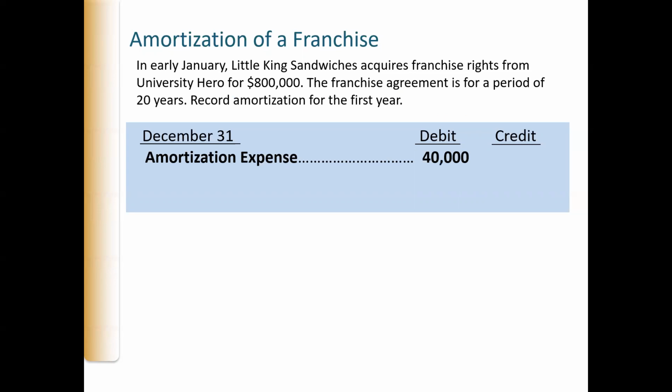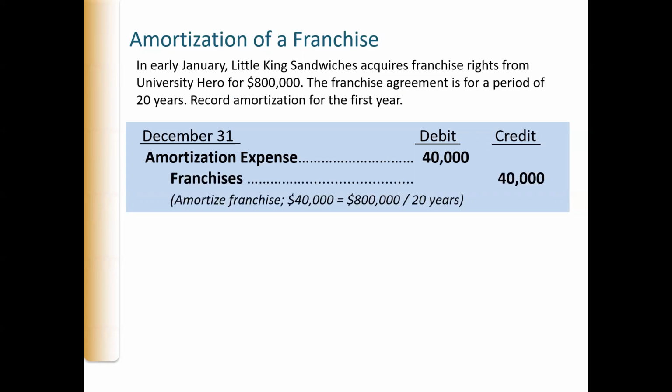So in year 1, we would debit amortization expense for $40,000, which is $800,000 divided by 20 years, and we would credit franchises. We don't credit accumulated depreciation as in depreciation. We don't do that with amortization. We just credit the intangible asset.